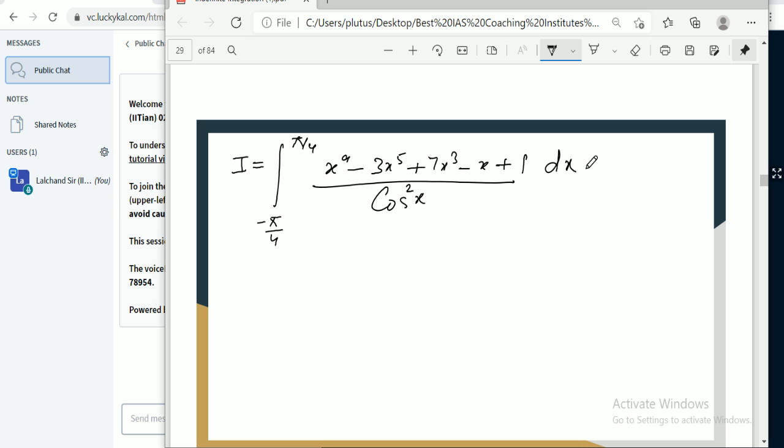Can you find out what is the integral value of this? This is 9 here. Try to simplify this expression. Try to break this into even and odd functions.